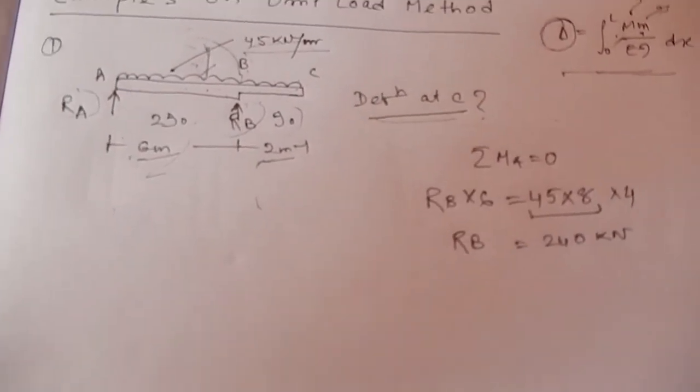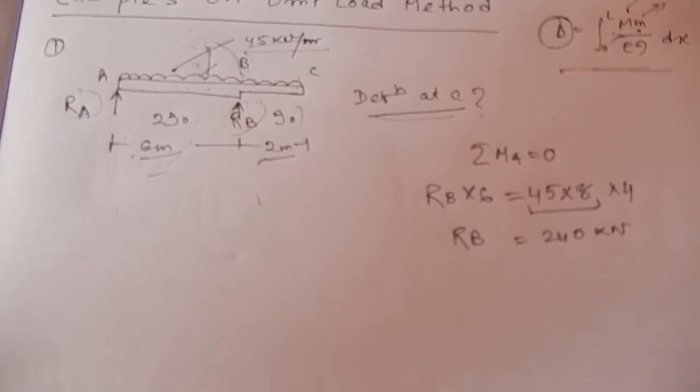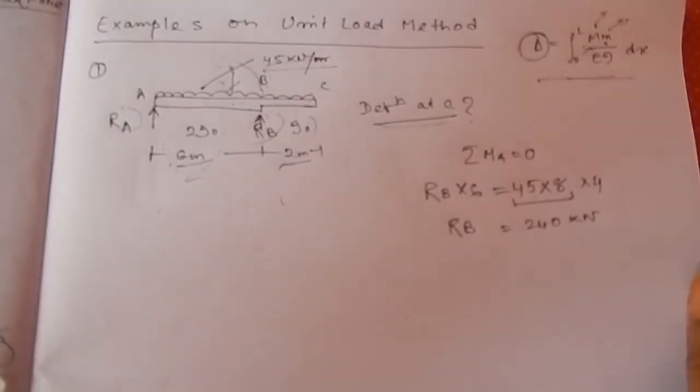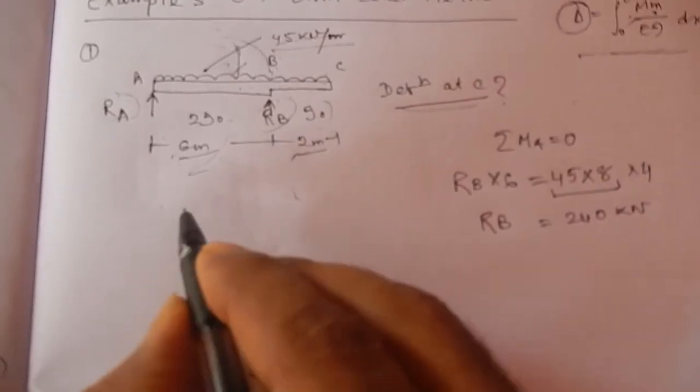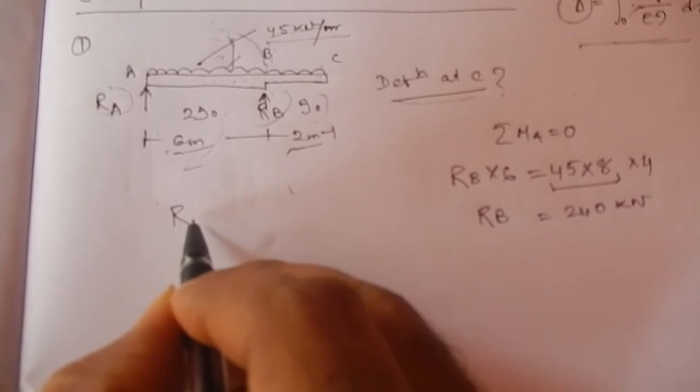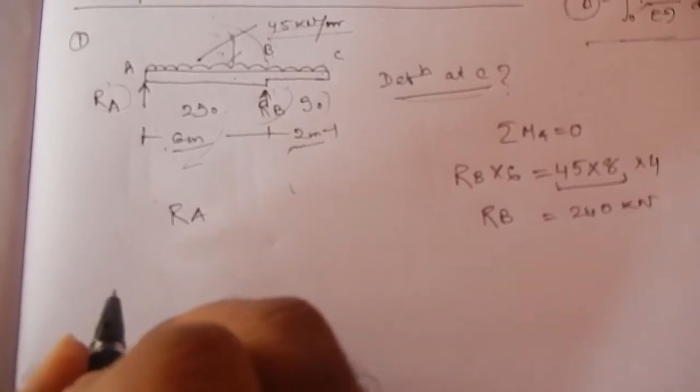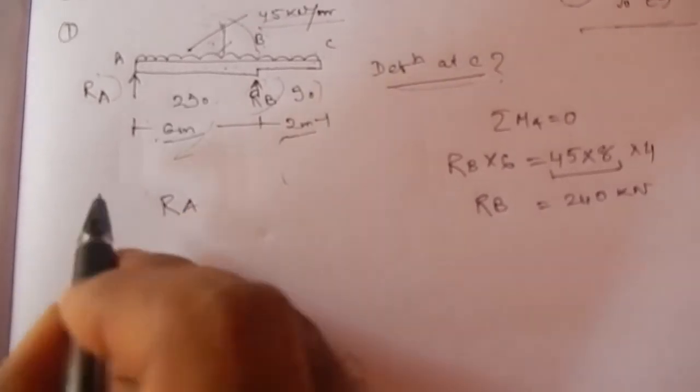You will be getting this value, right? Now what is the value of RA then? RA, how can we find out?